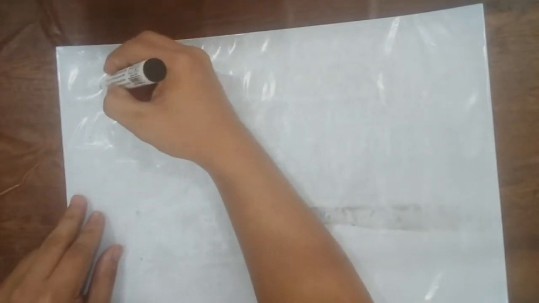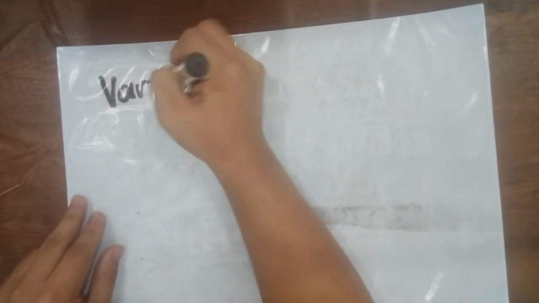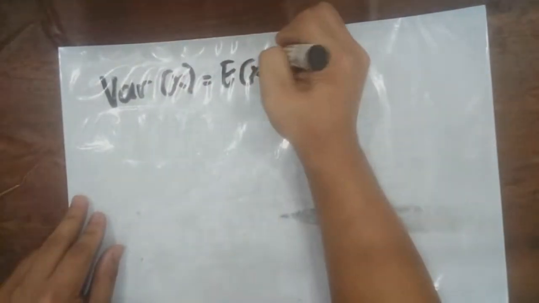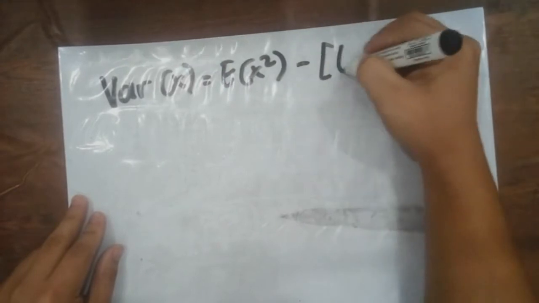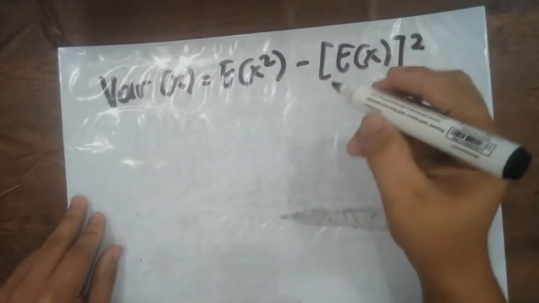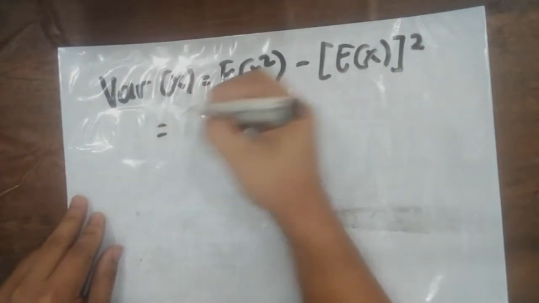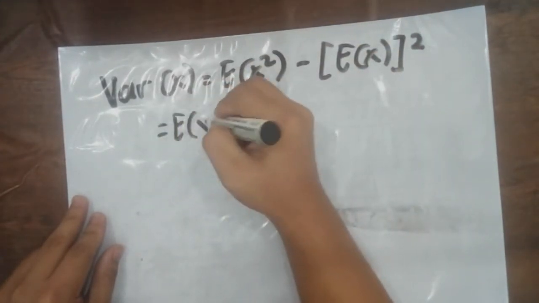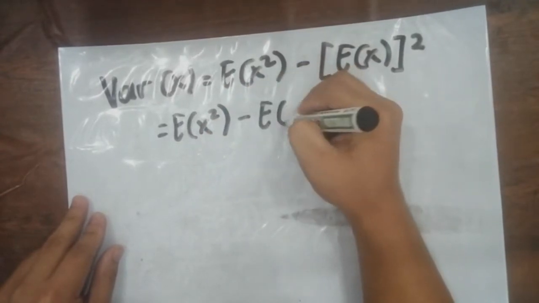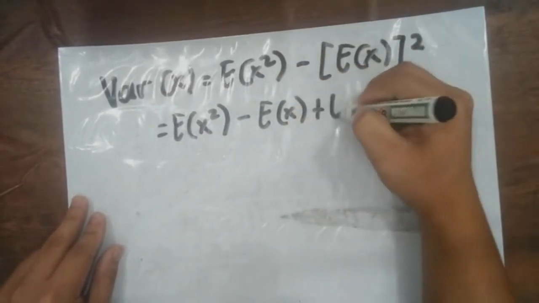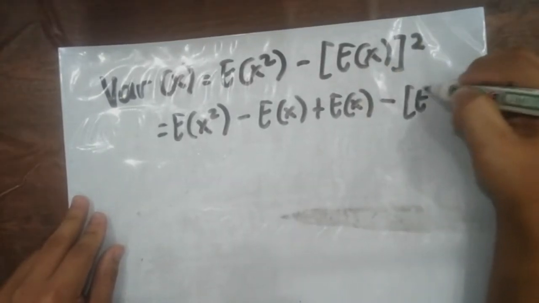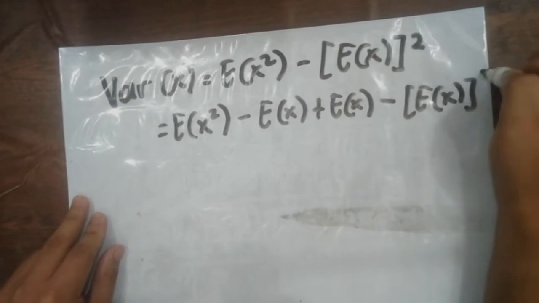Now, we know that the variance of X is equal to the expectation of X squared minus the expectation of X squared. Then if we add 0, it is equal to the expectation of X squared minus the expectation of X plus the expectation of X minus the expectation of X squared.